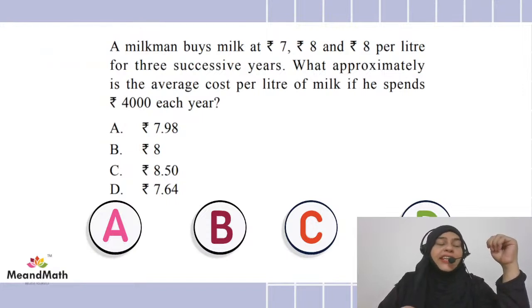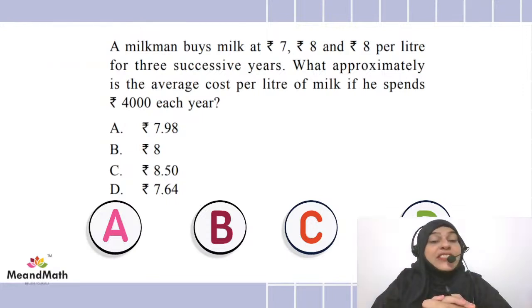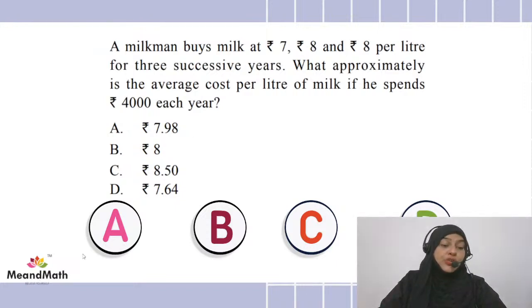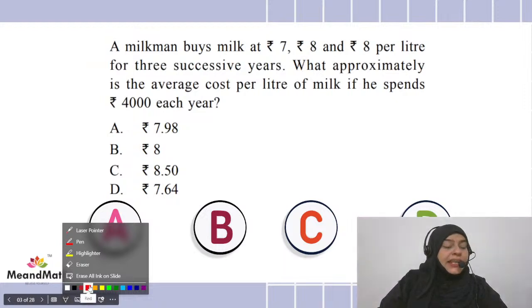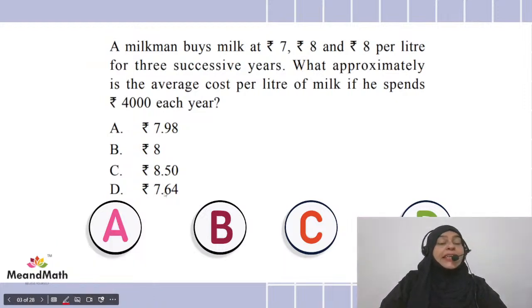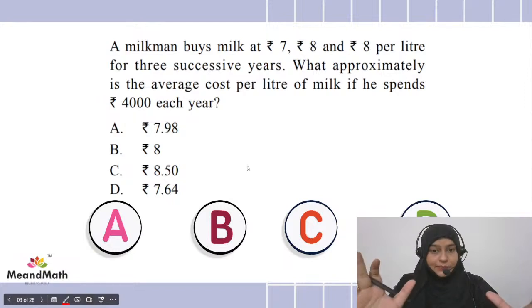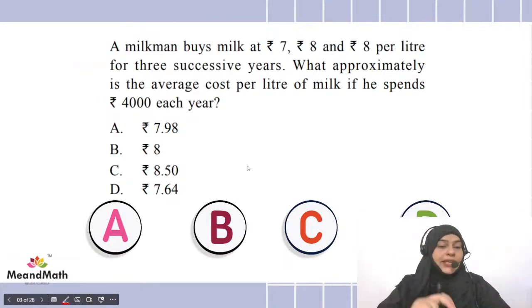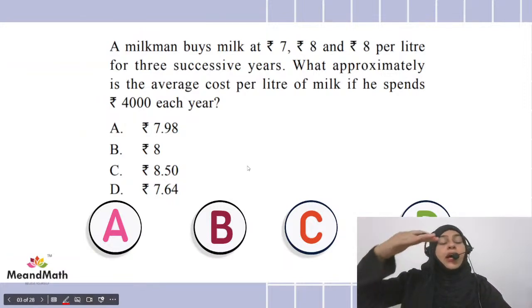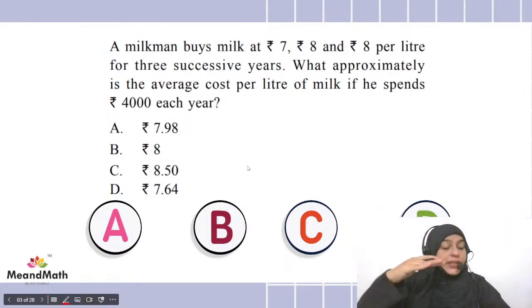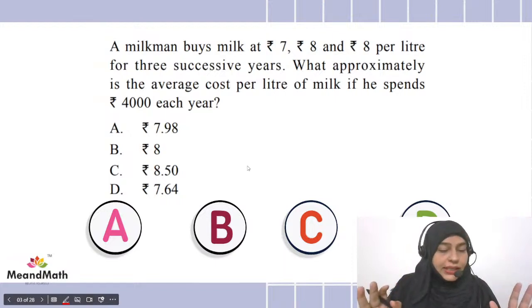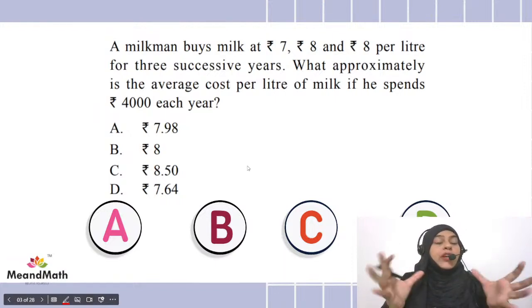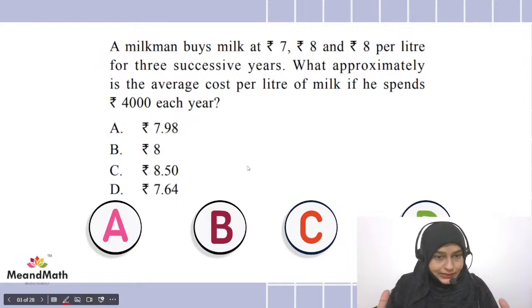So here we need to find the average. Students, always remember that whenever we need to find the average, we need to find the total quantity. So here there are two things. We need to find the total amount spent by the milkman, and we need to find the total quantity of milk.